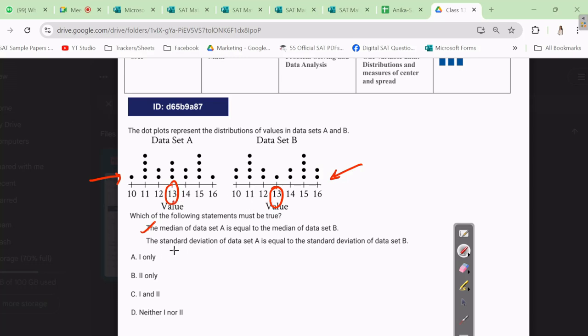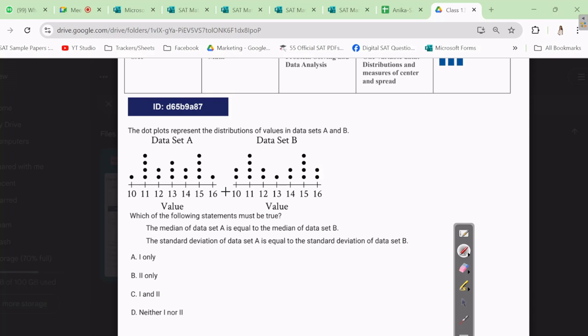What about the second one, Anika? Standard deviation of dataset A is equal to the standard deviation of dataset B. I think it's equal. No, Anika, it's not going to be equal. What was standard deviation, you remember? How close or far apart data is from the mean. How close the points are from the mean.